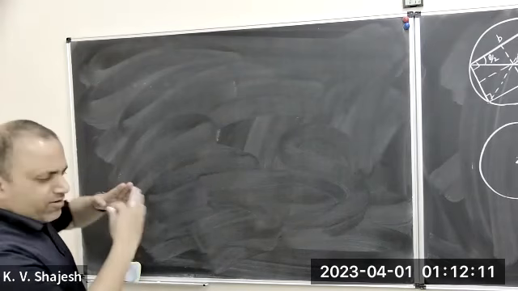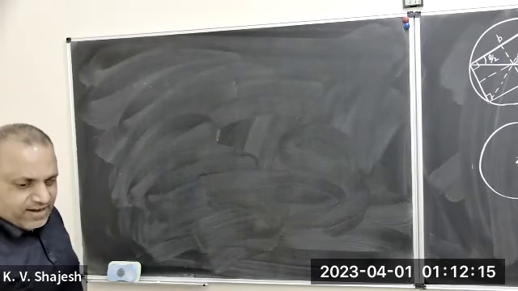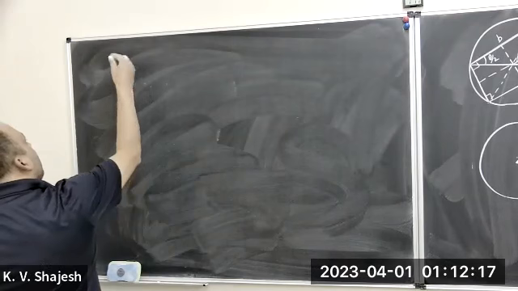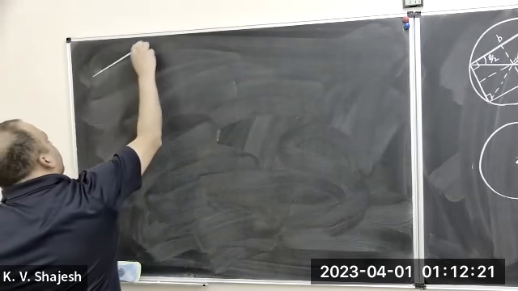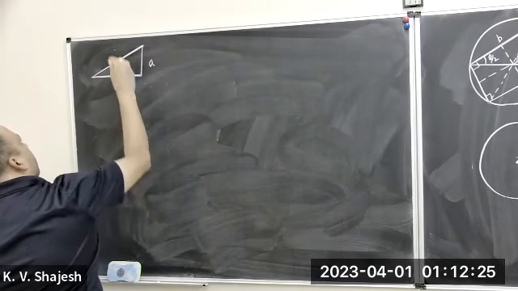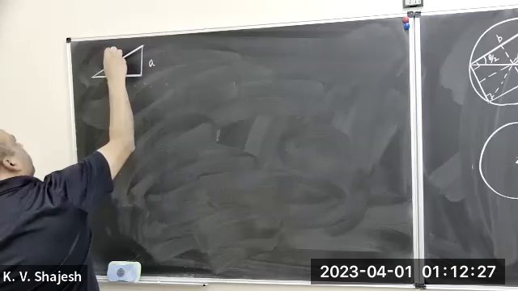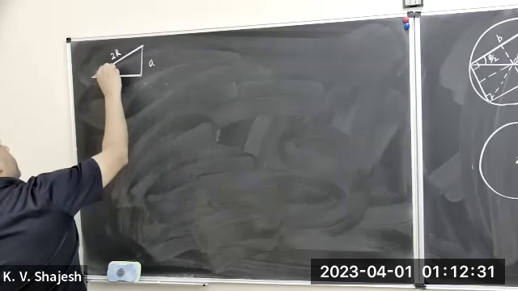The idea is that whenever you have a right triangle, you can always think of a circle that is inscribing it. So now we have a triangle like this. This is A, that's B, and that's 2 times R if you want, and this is theta over 2.